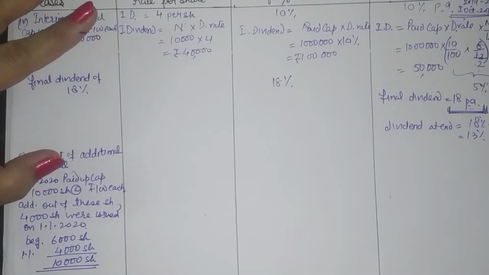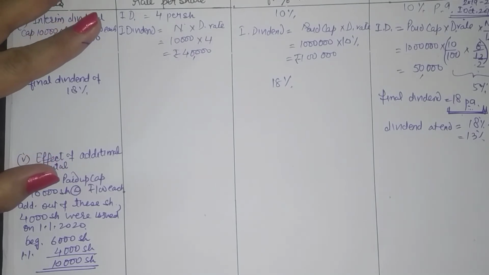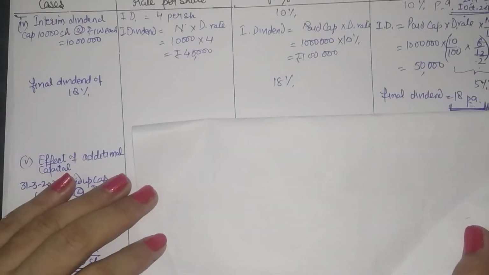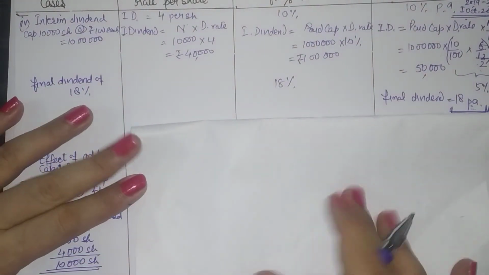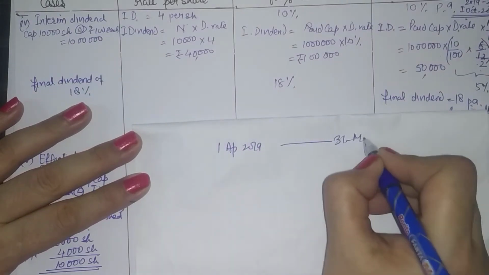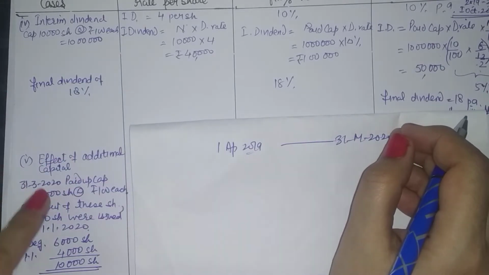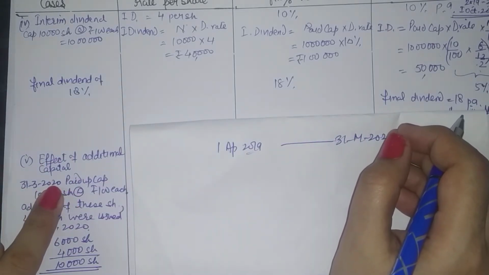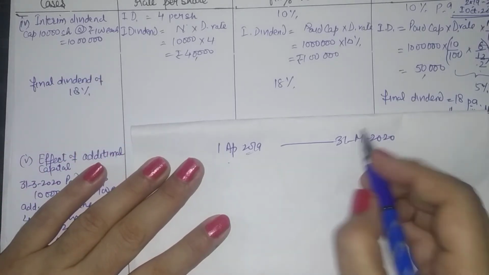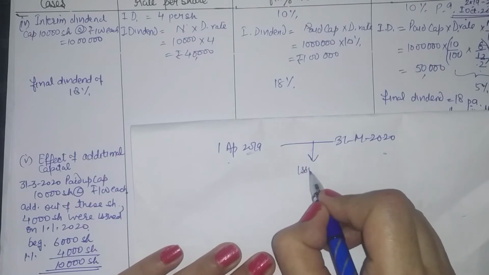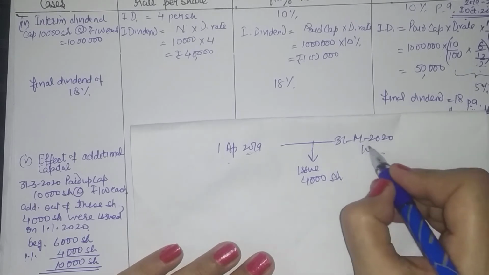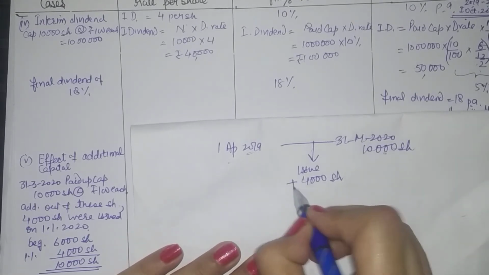Now whenever something is happening like a fresh issue or additional capital being issued, we should see the change on a timeline. Otherwise we are not able to adjust the amounts. Your year is from 1st April 2019 to 31st March 2020, because this is the paid up capital on 31st March 2020 and the shares were issued during the preceding year. On this date, you have additional capital being issued, 4,000 shares. 10,000 shares are there on 31st March.